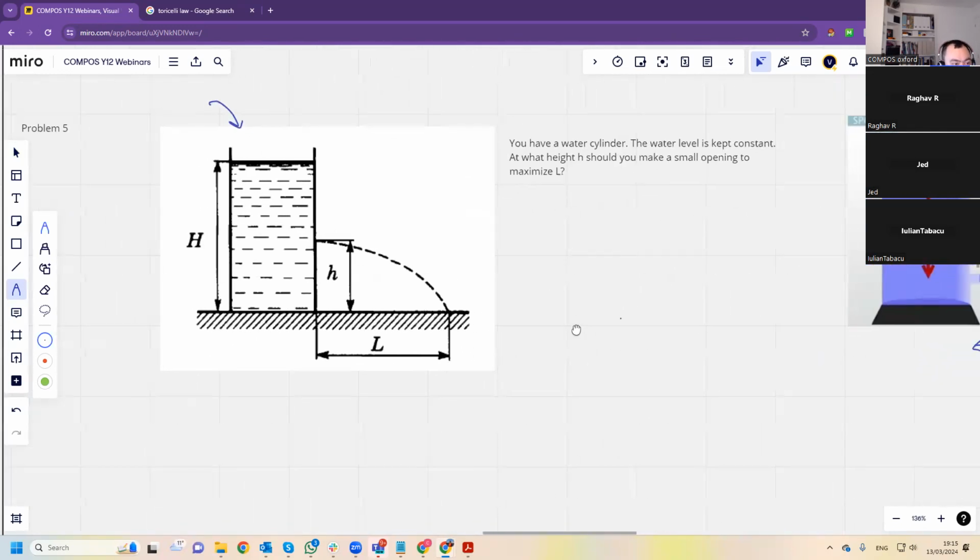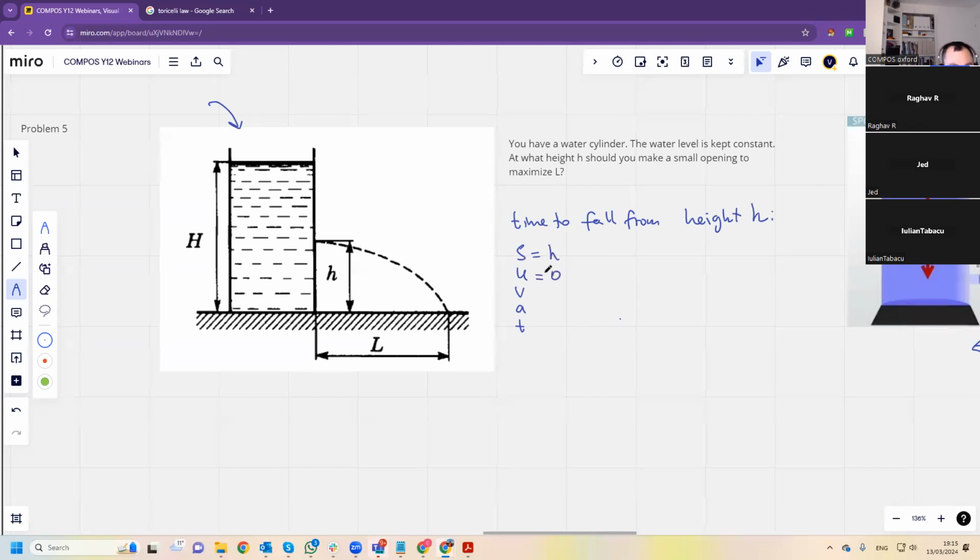Well, let's first of all use the projectile motion equation. So, time to fall from height h. Well, it's a suvat. S is h.